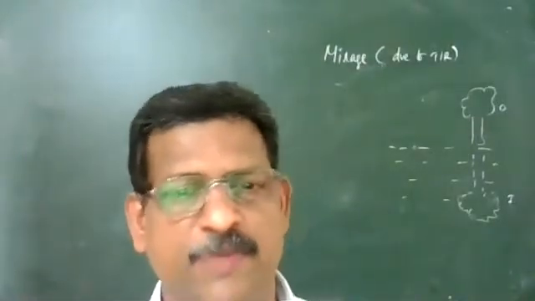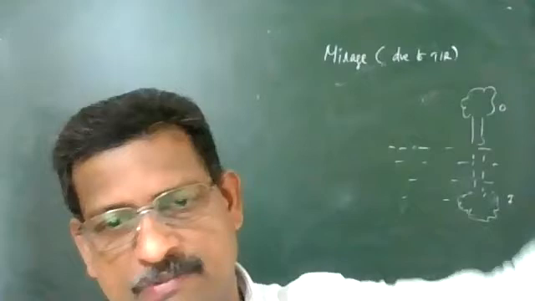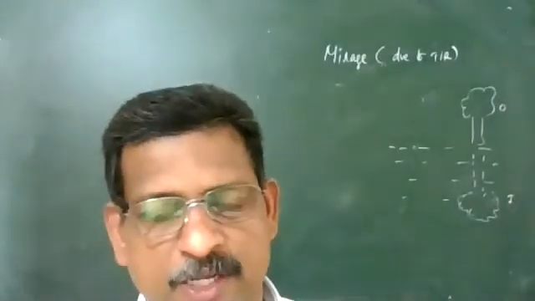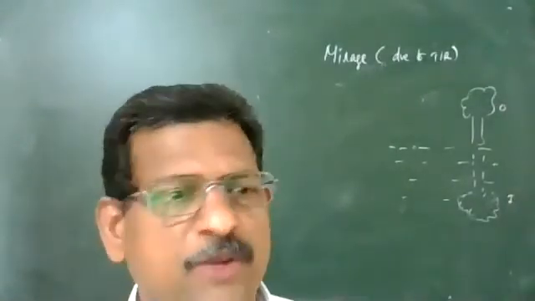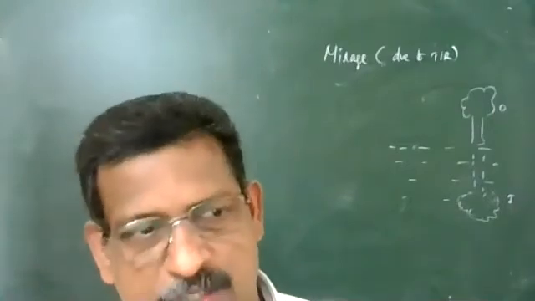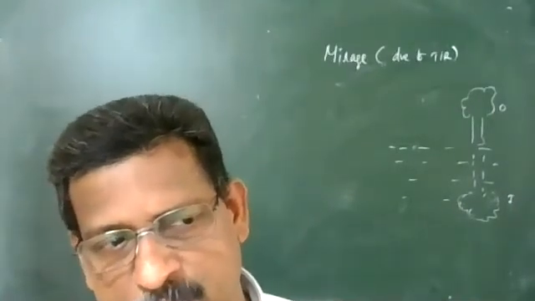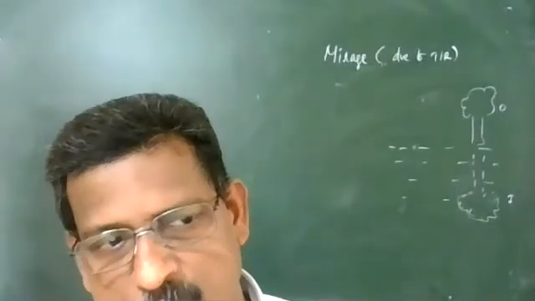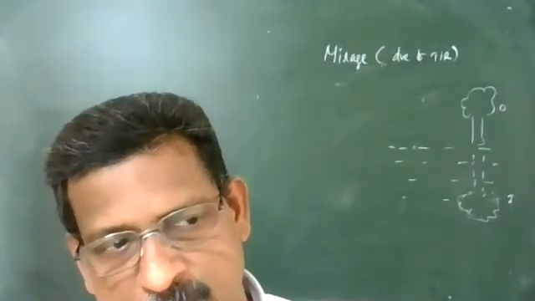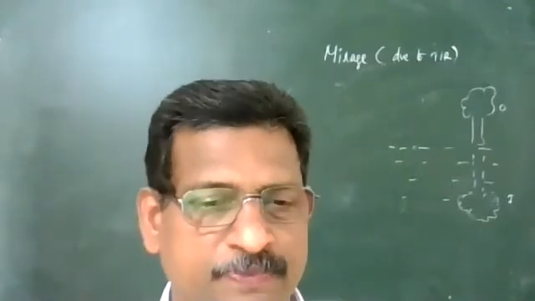It's a common experience. When you are traveling, if there is a water surface, you can see all the trees are inverted. Virtual image can be seen. So this kind of image, an inverted image of tree, if you are seeing, the conclusion is that there is water there, from the water surface we are getting a reflection and we are seeing this image.